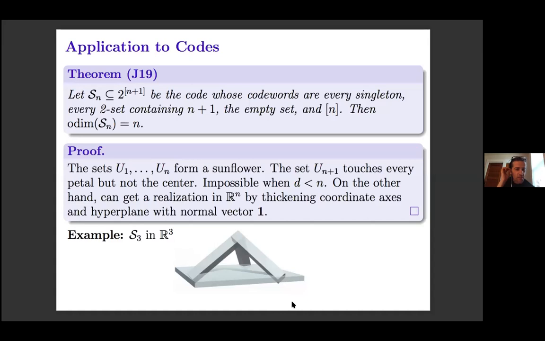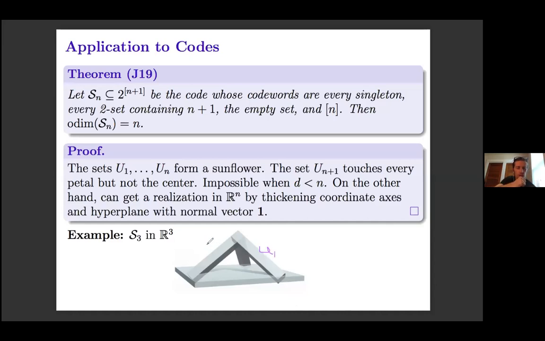Amzi, just give me a second. I'm trying to parse this. So Sn is this picture that you've drawn down below. I see you've drawn S3, and you have every singleton, and every two set containing n plus 1. So the set n plus 1 here is your set on the bottom.